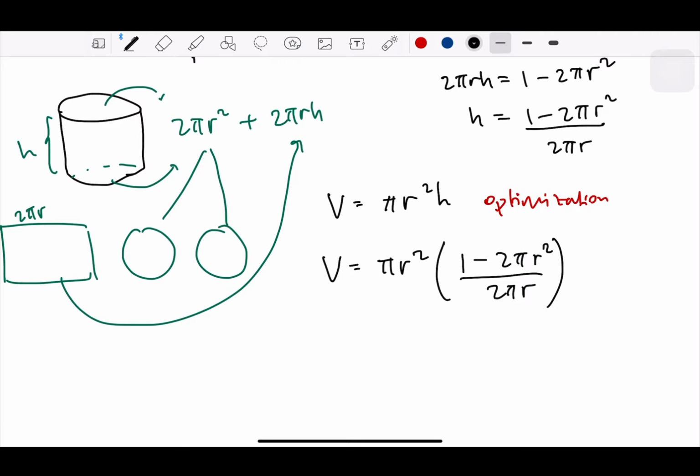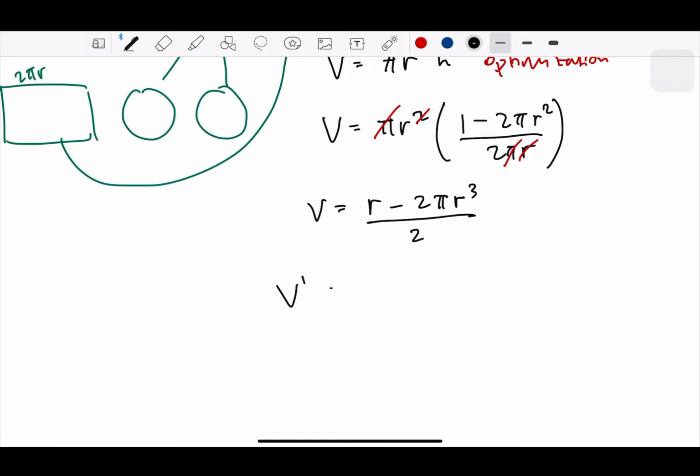Take some time to solve this. So V is r minus 2 pi r cubed, over 2. Is this correct? I think it's correct.